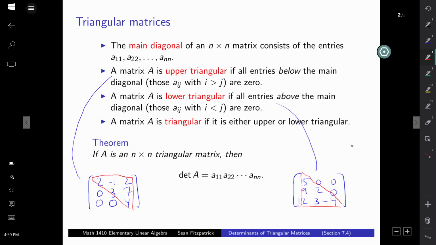Once you get to 10 by 10, 20 by 20, 100 by 100, you don't want to calculate the determinant of a 100 by 100 matrix recursively. That's ridiculous. Nobody wants to do that. It would be way too much work. You want to reduce your matrix down to triangular form and then multiply down the diagonal.